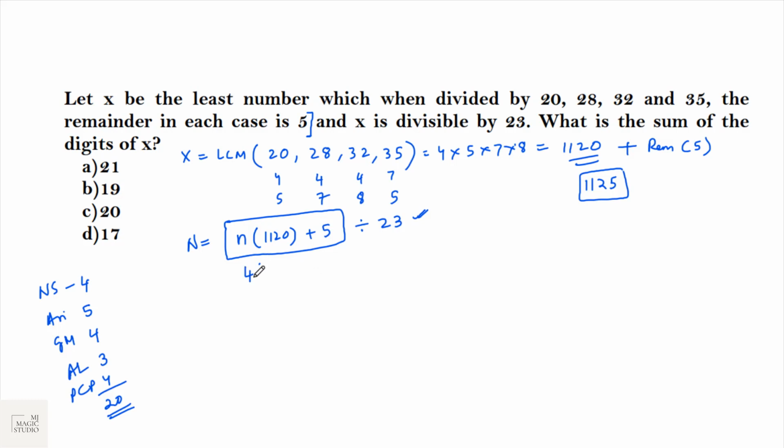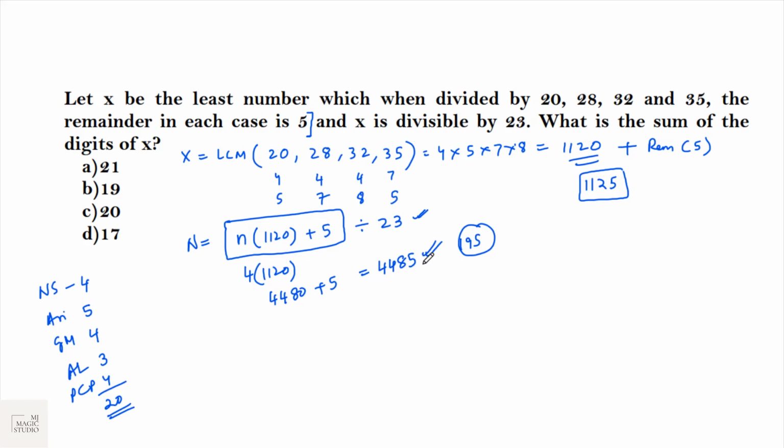On hit and trial, we get that when we multiply 1120 by 4, that is 4480, and when we add 5, it becomes 4485. And this is divisible by 23, 195 times. So 200 into 23, 4600, minus 5 into 23, that adjustment.